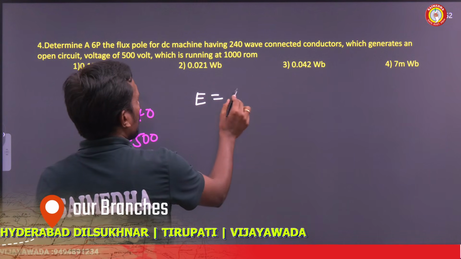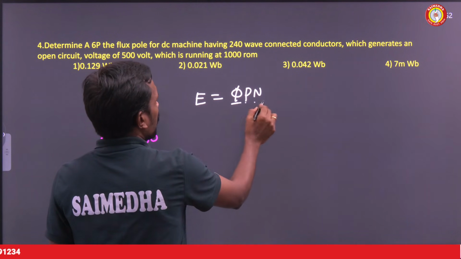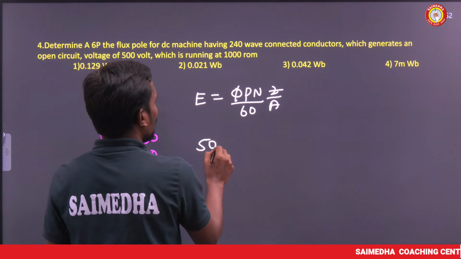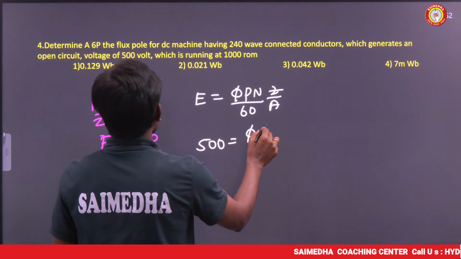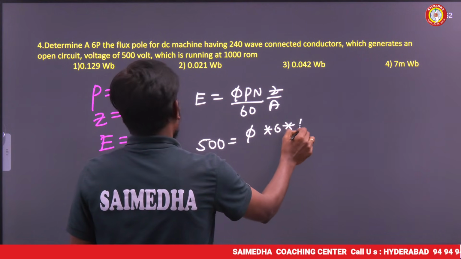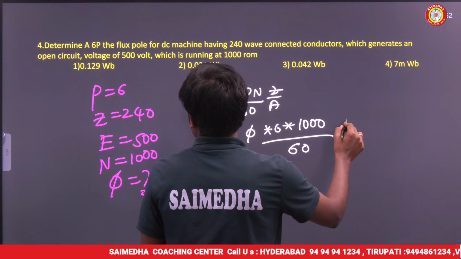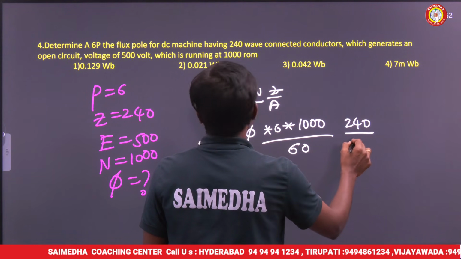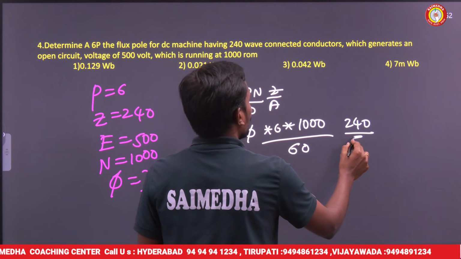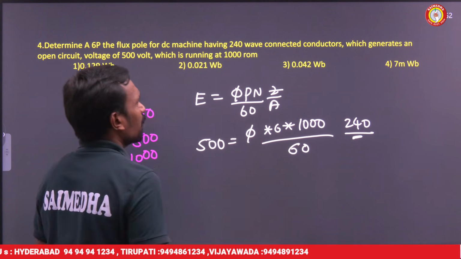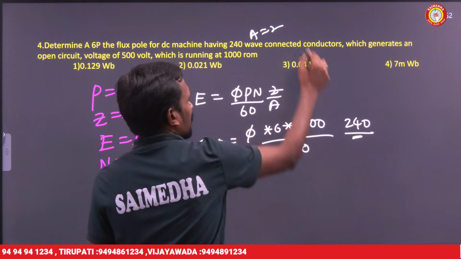E is equal to ΦPN by 60 into Z by A, where E is given as 500, I don't know the flux, number of poles 6, speed 1000 upon 60, number of conductors 240 upon A. Is it lap connected or wave connected? It is wave connected.